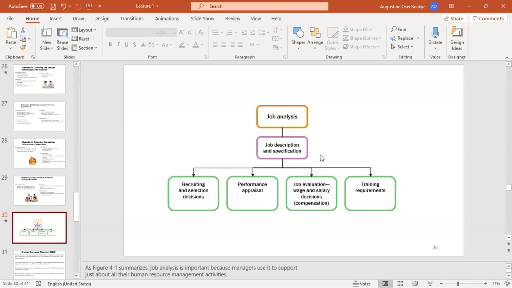It will also inform the HR manager to decide why perhaps the CEO will be paid higher than the security man in an organization. And all those things fall within the umbrella of job evaluation.